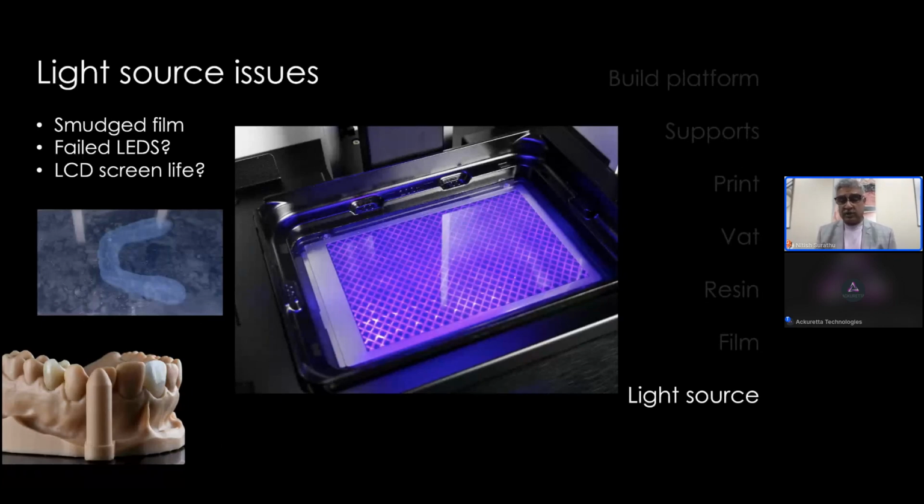The Sol, you can get about 10,000 hours out of these LCD screens, and it comes with a spare LCD screen as well if you ever exhaust your first one. So light sources are important, and the Sol is calibrated, of course, with its validated profiles. The light source is calibrated to cure each layer correctly, and it works very well.